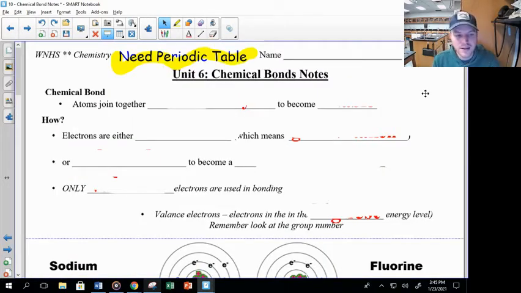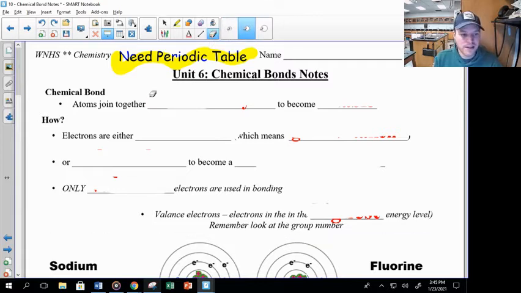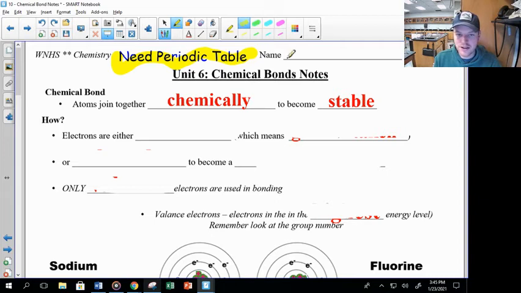Okay, so let's talk about chemical bond notes. So atoms join together chemically to become stable. It is all about this word today, right here: stable.